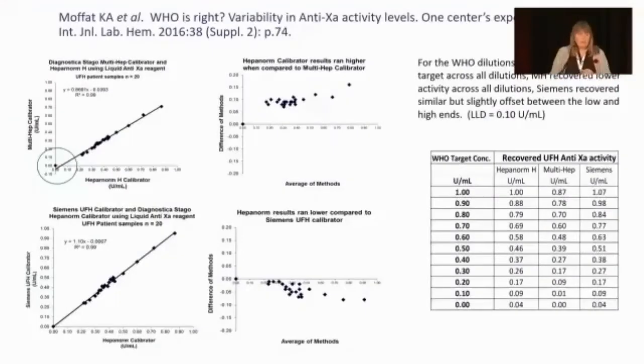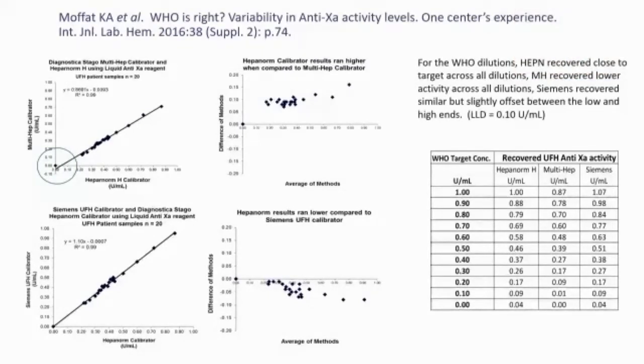I know this is a busy slide, and I apologize, but I just want to focus you on the chart as a summary of what we looked at. We brought in the WHO standard, because you can get your hands on these standards out of England.